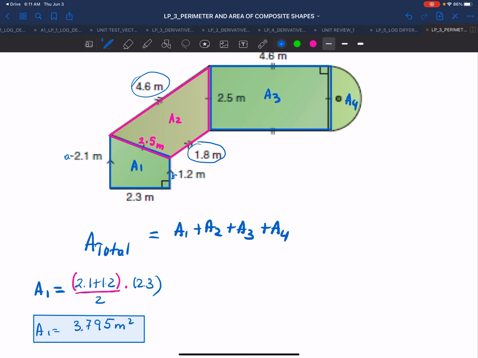And we do not know what the height is, so that means we have a little bit of work to do in here. I'm going to start off by dropping the height from the shorter base onto the longer base. And I'm going to make it clear that's the height by drawing a little square in here. And I'm going to mark this by letter H.